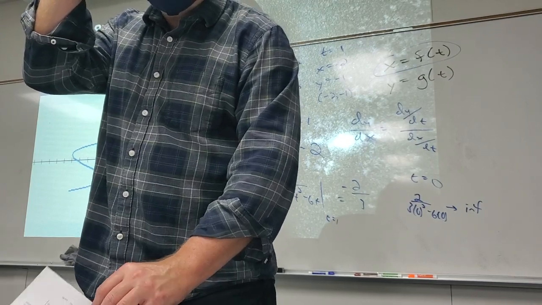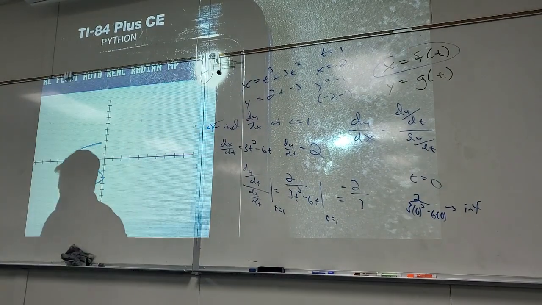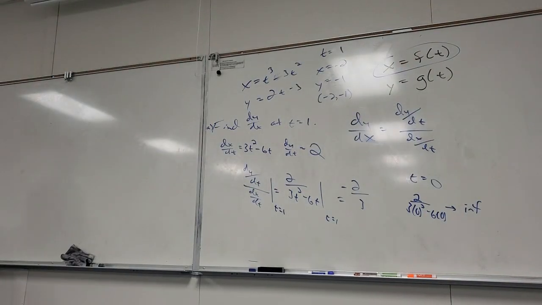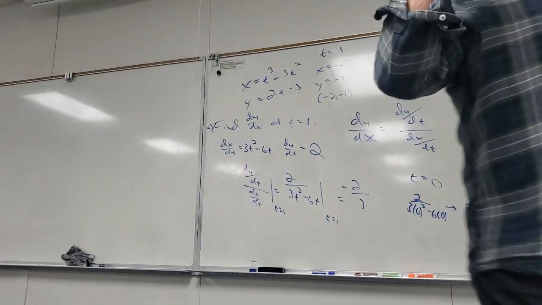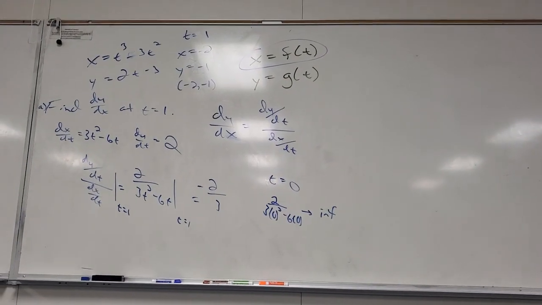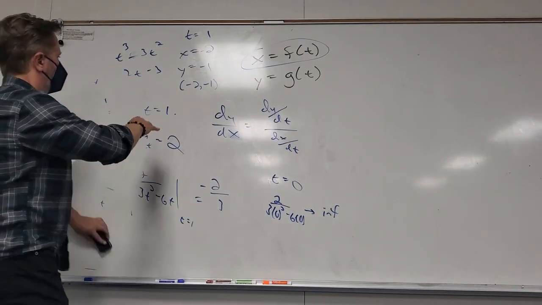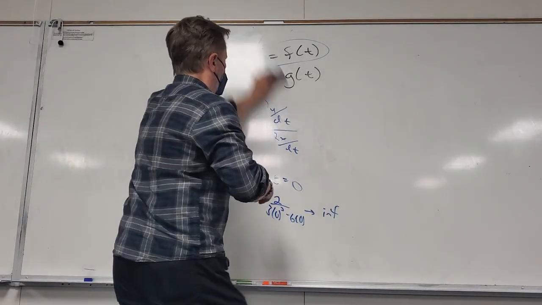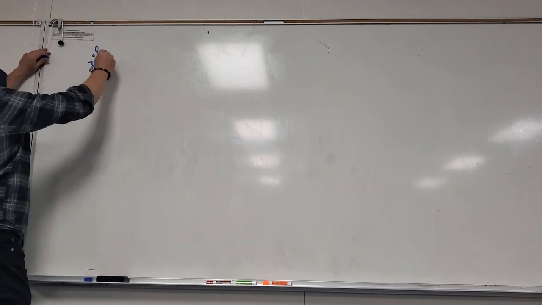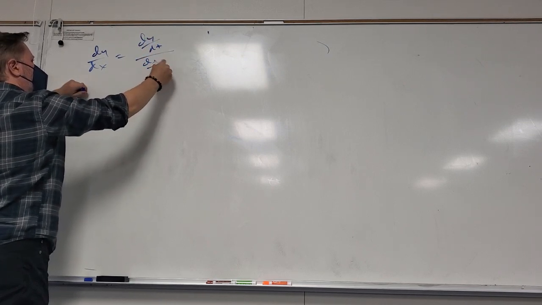Let me see, is there anything else weird? Here's a little bit of weirdness. Okay, let me turn this off. That's the first derivative, correct? What if I want the second derivative? What if I want to know about concavity of these things? So I'm going to erase this. So dy dx equals dy over dt over dx over dt.